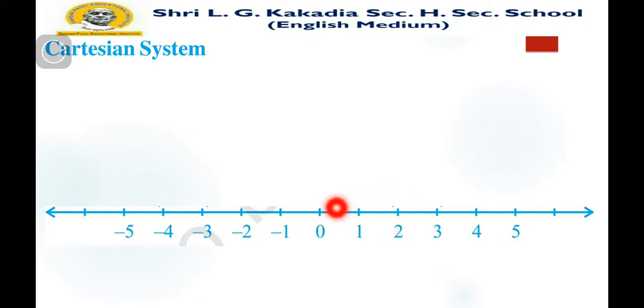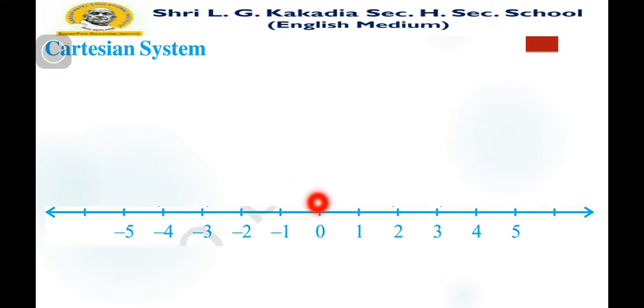As you can see, it starts from 0. If you run on the line to the right side, then you get positive numbers 1, 2, 3, 4, 5 and so on infinitely. And if you run on the left side of the line, then you find -1, -2, -3, -4 and -5, as we have studied.